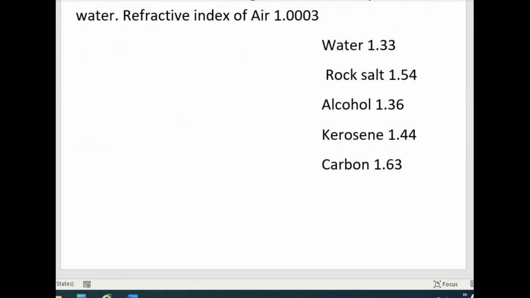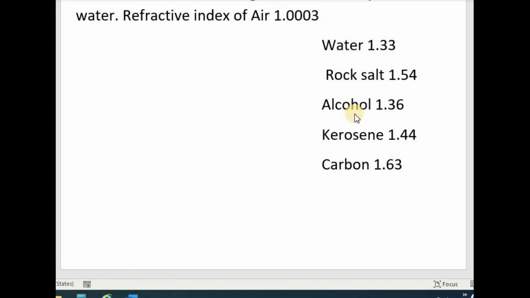We have the refractive index values: air 1.003, water 1.33, rock salt 1.54, alcohol 1.36, kerosene 1.44, carbon 1.63, and diamond 2.56 or so.